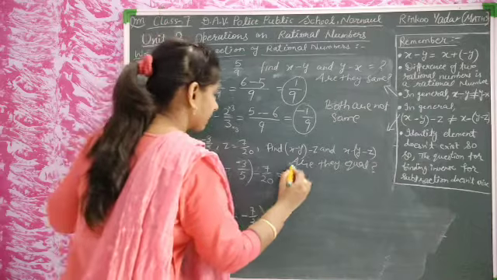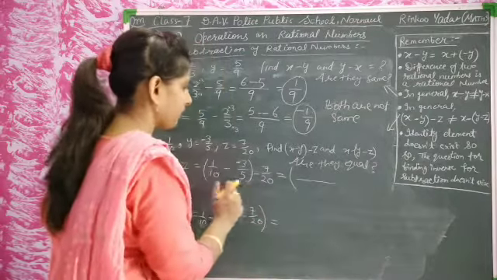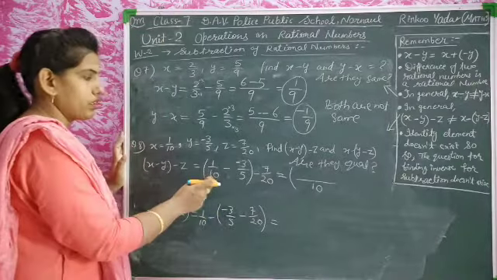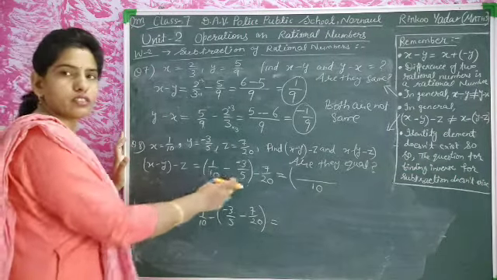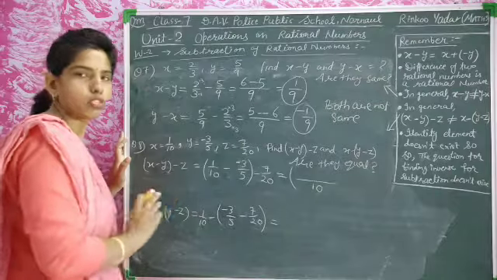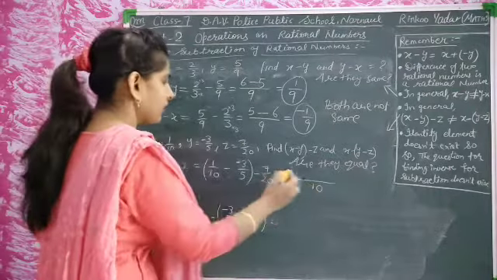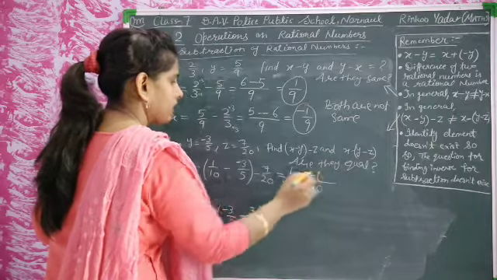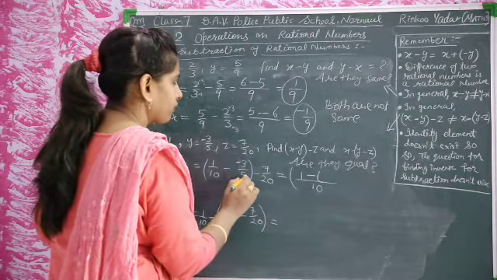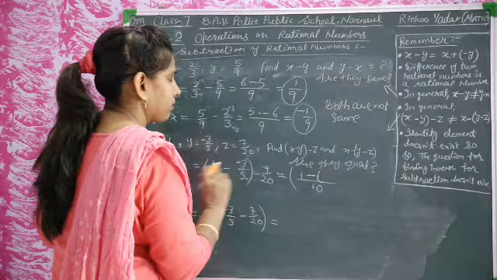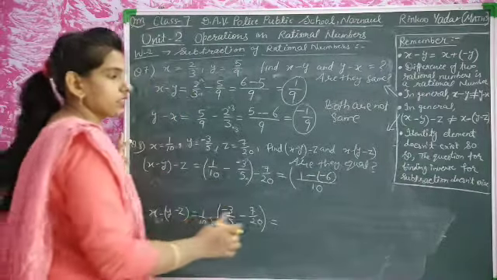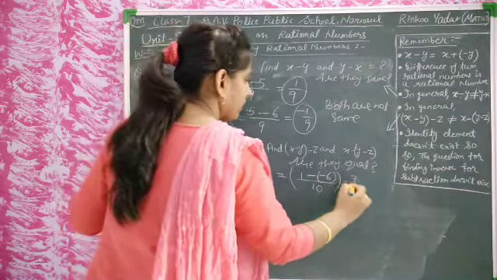We will take the LCM first in the bracket, that is 10, because 10 is the greater number and is exactly divisible by both the numbers. So 10 is the LCM, the numerator 1 is the same, and minus 3 times 2 means this is also multiplied by 2, that is minus 6, and minus 7 by 20.